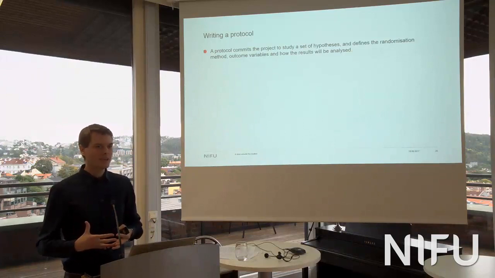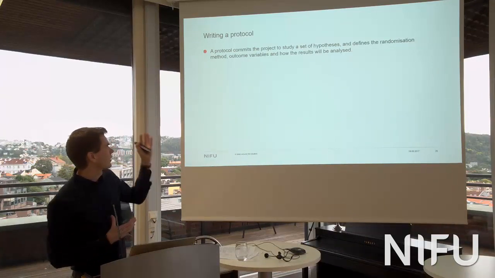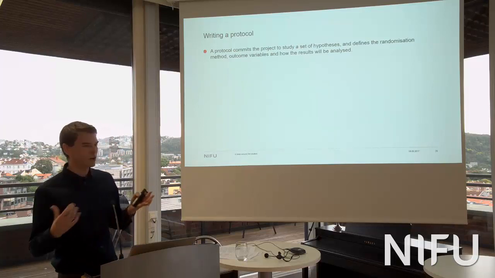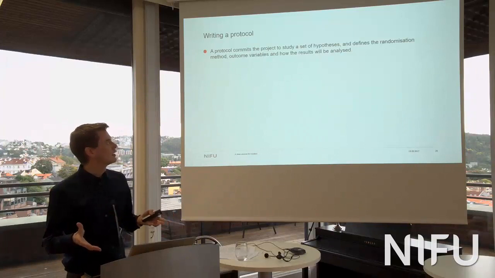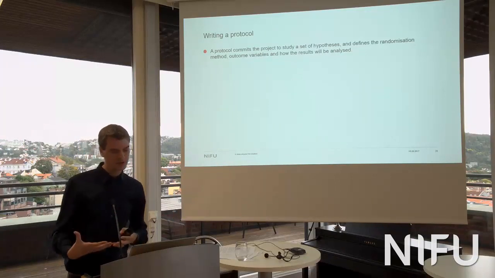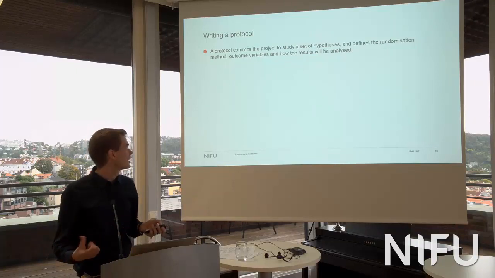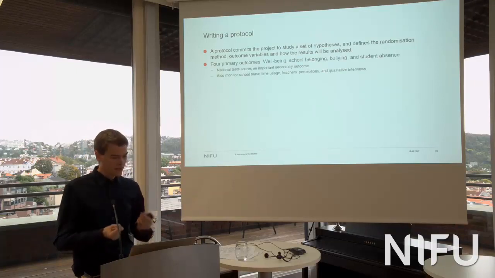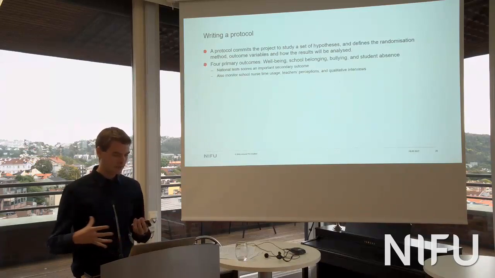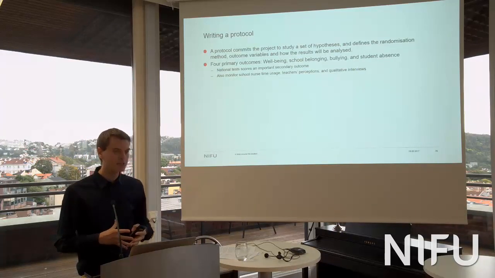After the application phase, we went into a second planning phase where we are now, and where we're writing a protocol. So a protocol commits the project to a set of hypotheses, and it defines the randomization method and the outcome variables, and how the results will be analyzed. For the learning environment, we're thinking of operationalizing that in 4 primary outcomes.